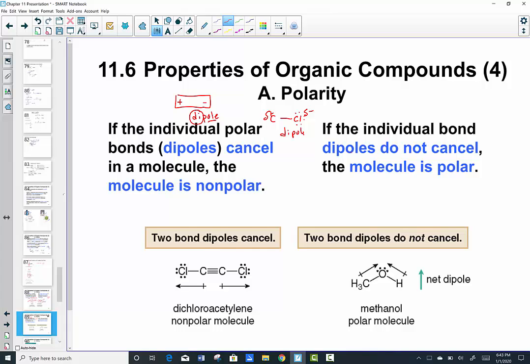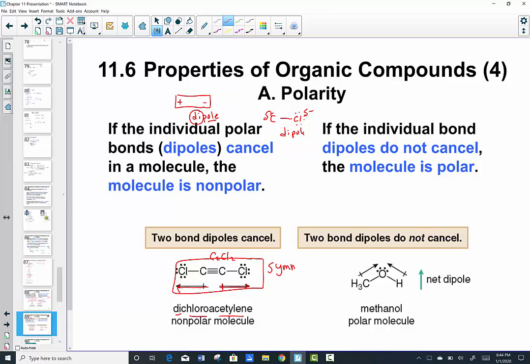If we have a perfectly symmetrical molecule and the dipoles cancel one another, the molecule actually ends up to be nonpolar. So let's take a look at C2Cl2, dichloroacetylene. Even though this carbon to chlorine is a polar bond, noticing that the electron density is being pulled towards the chlorine, it's being pulled in equal but opposite directions, creating an equal distribution of charge overall.